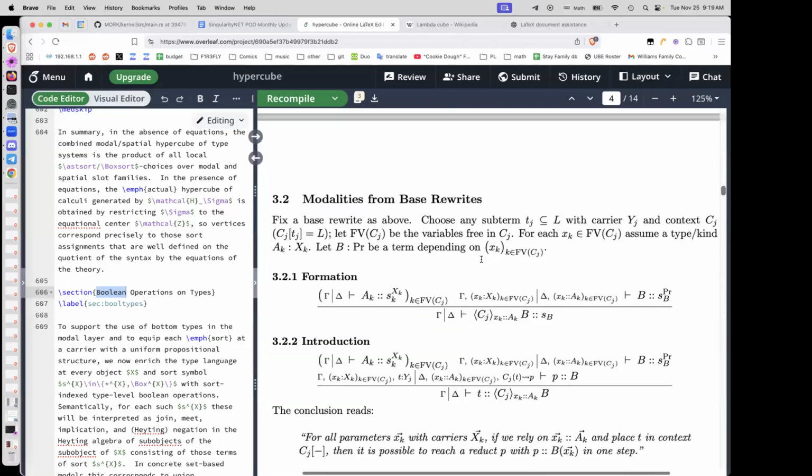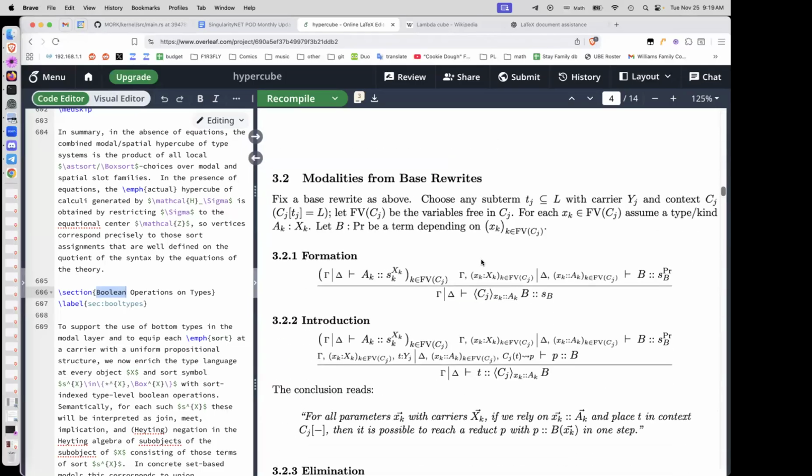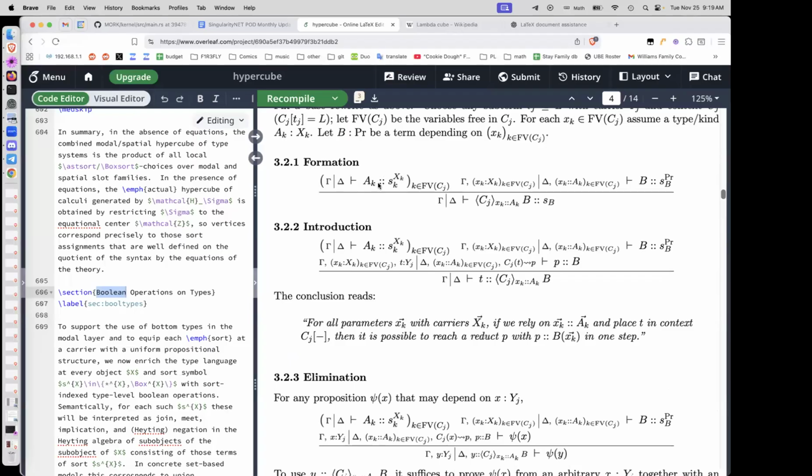And so when we scroll back up here to the formation rules, this says if A_K are a bunch of types and X_K is the right shape and each variable X_K has that corresponding type, if in this context here we can deduce that B is of that sort, then the modality that is this dependent thing on the X's and produces B has the same sort.